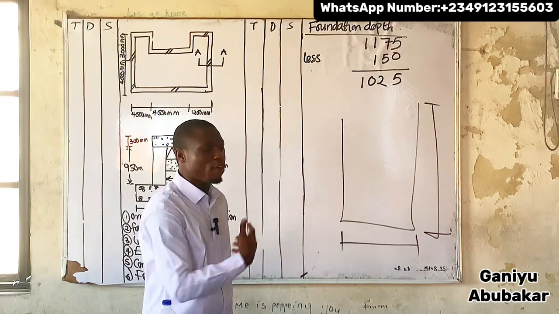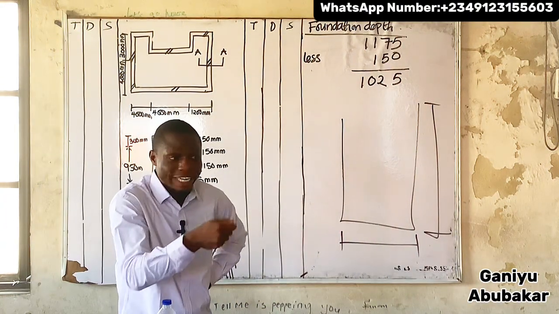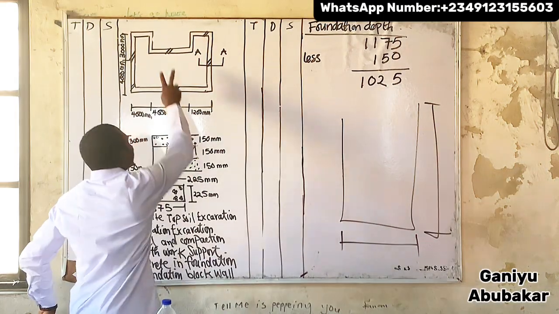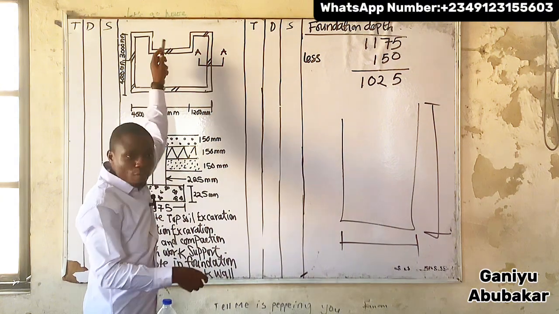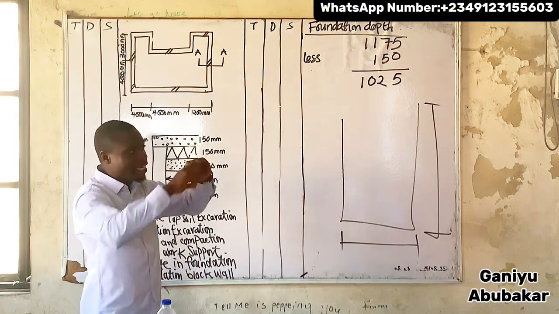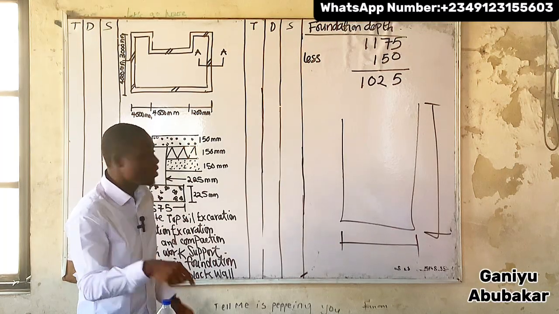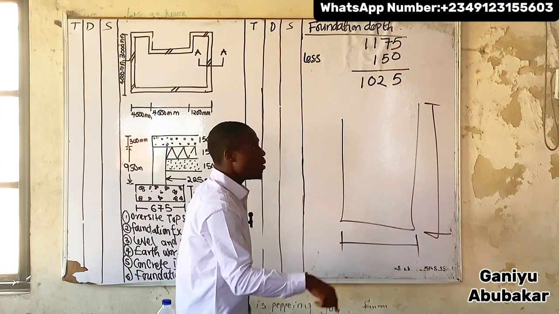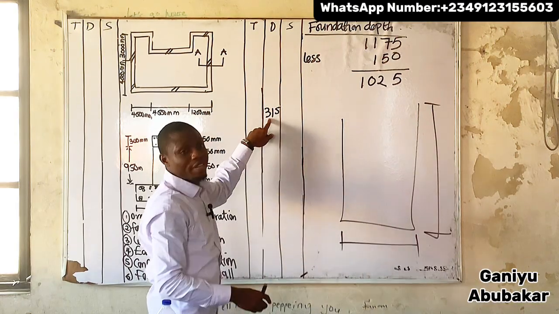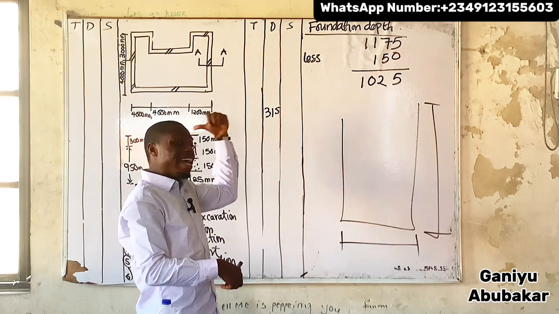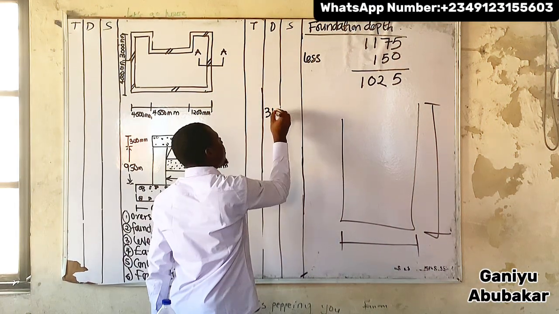I told you to give me foundation excavation. You are meant to give me the one I deducted the less from, because this part is not there now. So you're not even meant to give me the entire length. So what's the less part? 31.5. Yeah, so I have 31.5 as per my foundation excavation first. So write out that one first.